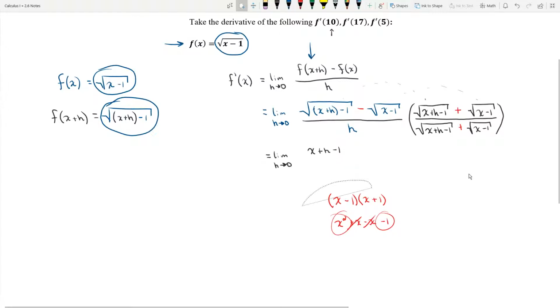So in this case, not only do the square roots go away, but we end up with a really nice numerator, whereby it is x minus 1.